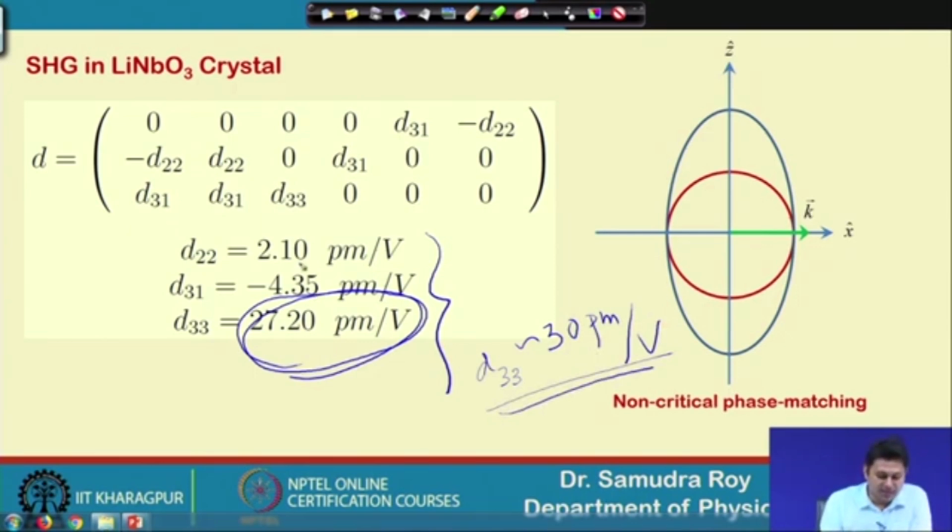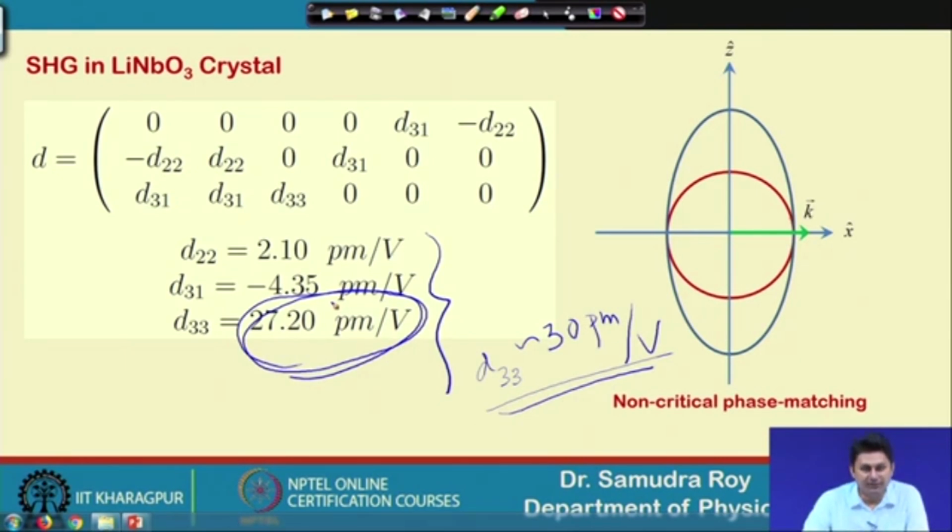This is almost 10 times bigger than d22, and about 5 times bigger than d31. If I compare these components, we can find that d33 is really large.